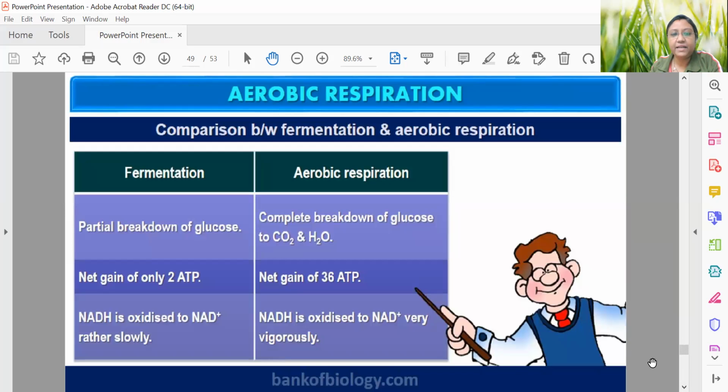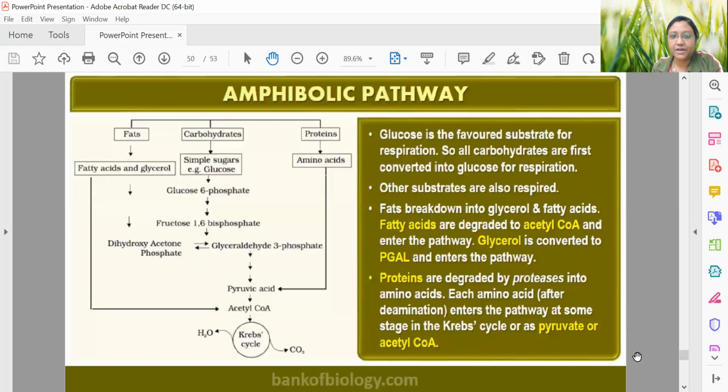So this is the comparison between fermentation and aerobic respiration. You can see that from the point of view of energy gain, aerobic respiration is far more superior, but it doesn't give delicious product like lactic acid or alcohol. So that is the disadvantage.